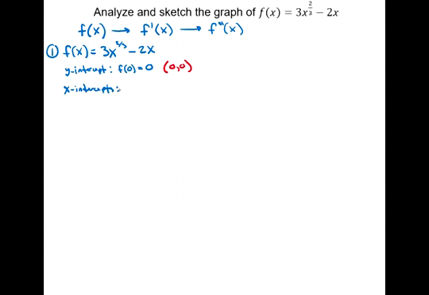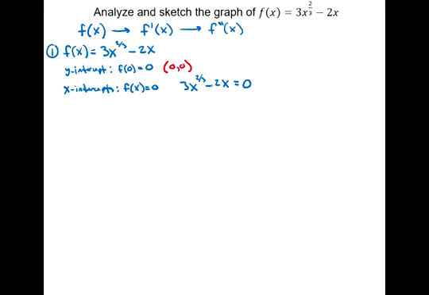All right, what about the x-intercepts, if there are any? Well, for the x-intercepts, we plug in 0 for y, or set the function equal to 0 and solve. So we're going to solve 3x to the 2/3 power minus 2x is equal to 0. Let's see, we could factor out an x here.